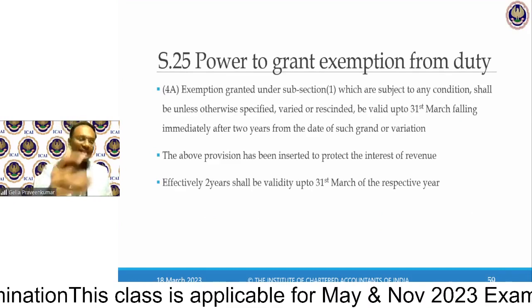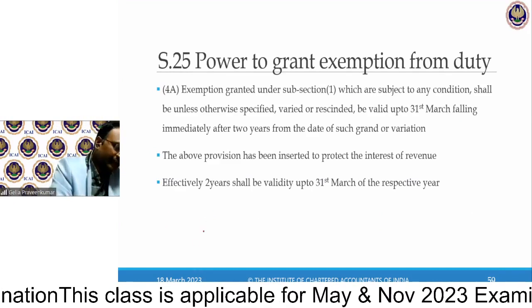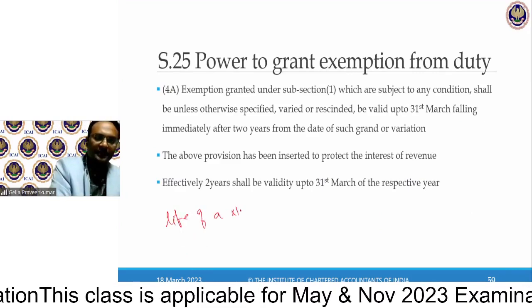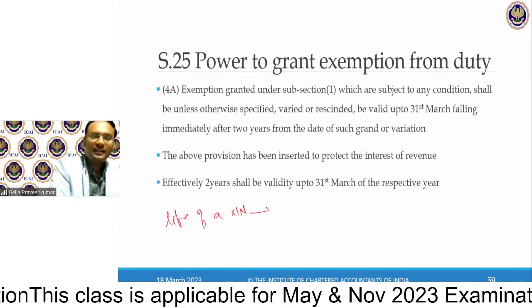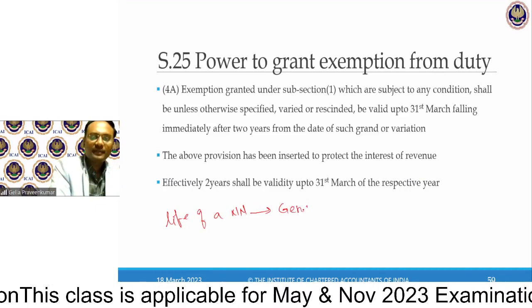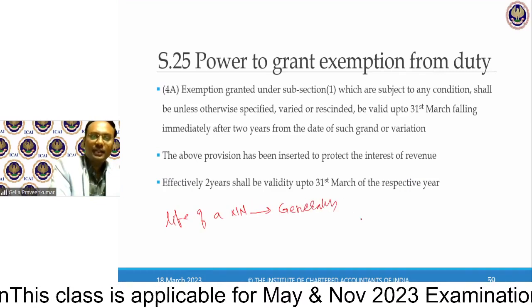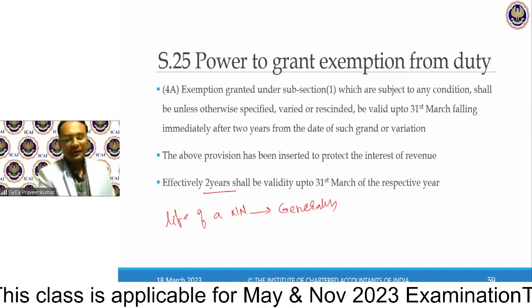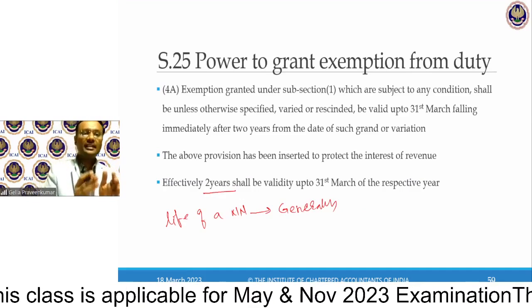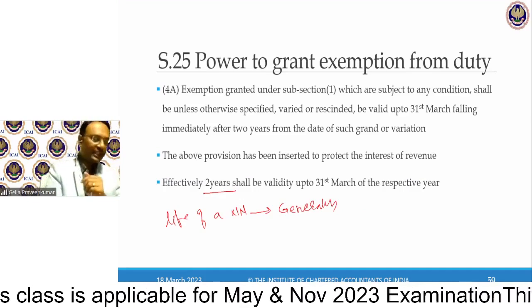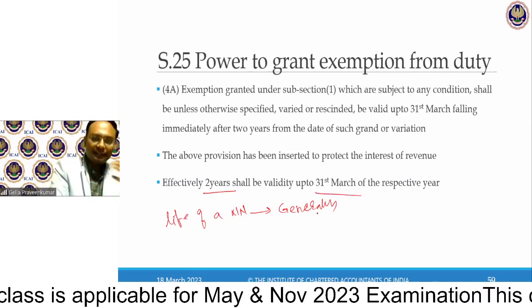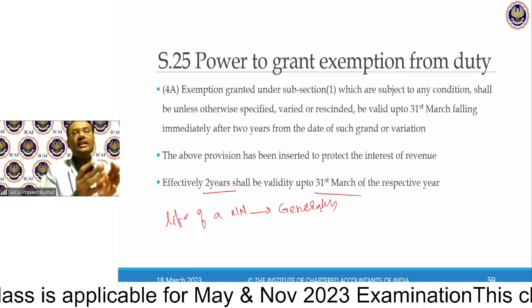Now, as I say, the life of an exemption, the life of a notification. Generally, 2 years is the life of a notification. Whenever a notification is given, by default they mention that this notification is valid up to 31st March, that is 2 years from the end of the year.